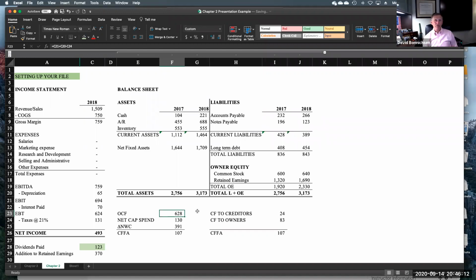So the actual final cash flow from our assets for 2018 was operating cash flow minus net capital spending minus the incremental cost of activity, which gives us $107 million of cash flow from assets. That's what it means.